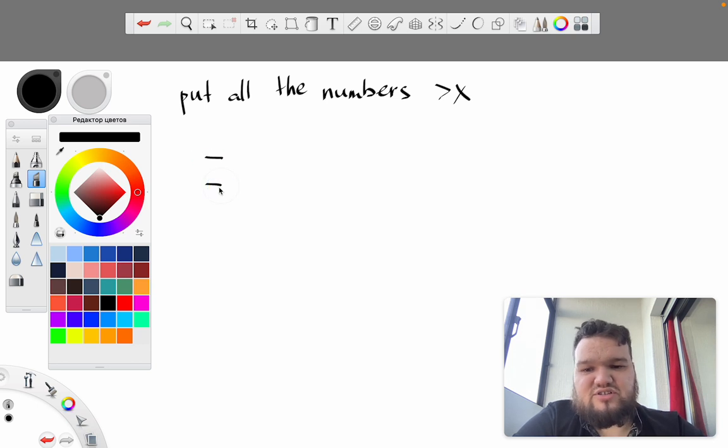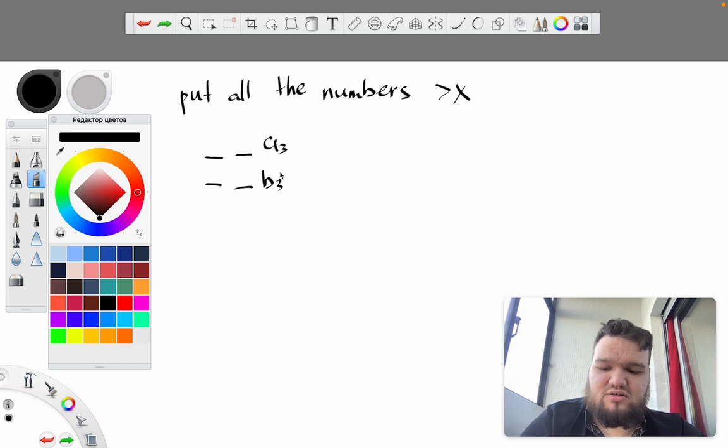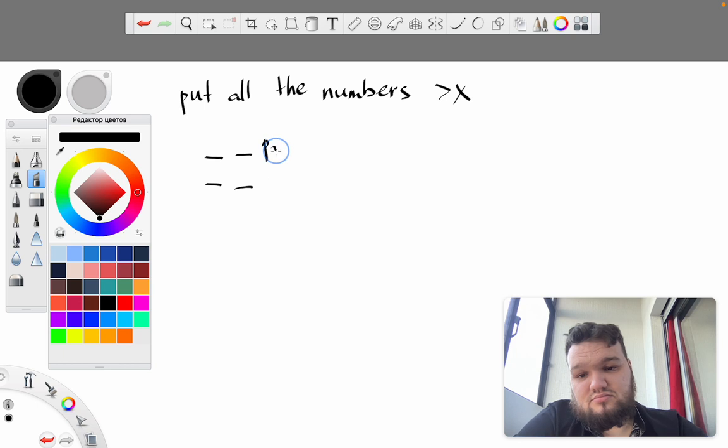There are positions that are empty in both permutations. There can be positions that are filled in both permutations. They are called P and Q, right? And we can have positions that are filled only in one of the permutations.